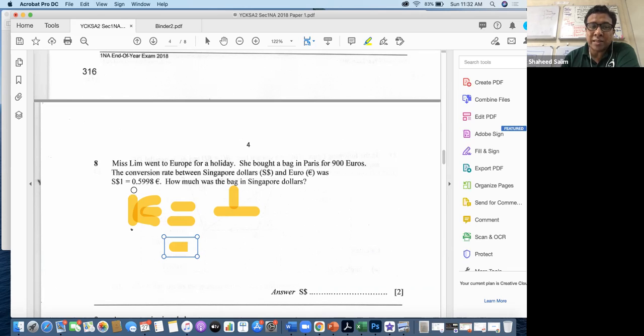So that means Singapore $1 is 60 cents only. It's still cents, so the euro must be bigger. If this is $1, this will be more. In that case, you put the 1 above and divide it by 0.5998. And then you find what is €1, then find what is 900 euros.